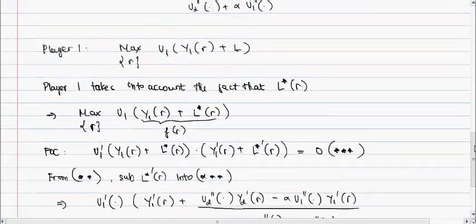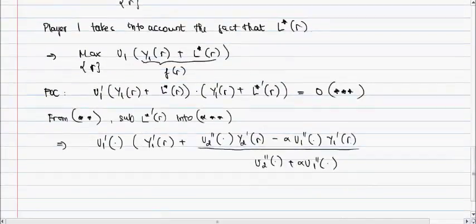That's the expression we found for L star dash of R, so I just substitute it here, using a big bracket for this.